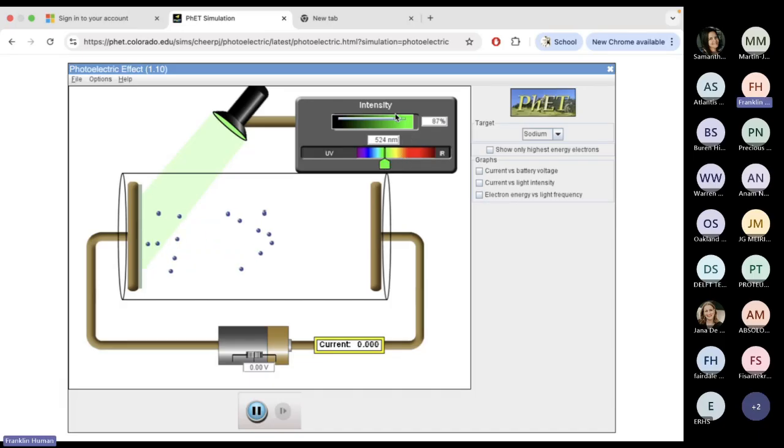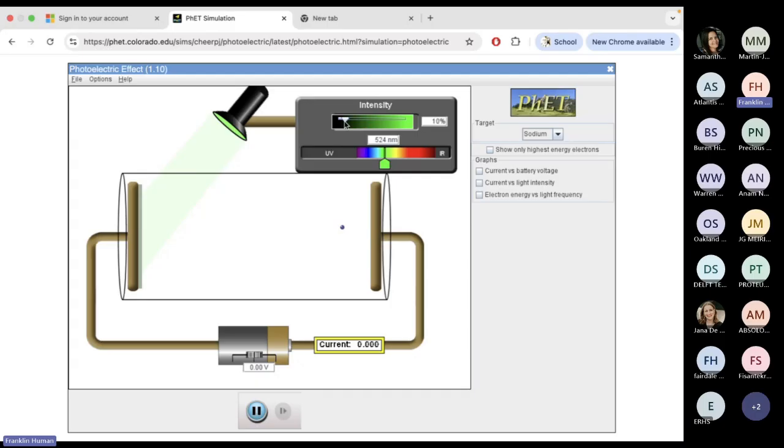So if I move my intensity right down, you can just see a faint little bit of green light shining onto the surface of my sodium metal. You can see that very slowly electrons are emitted. If I move my intensity up to 10%, I can see my electrons are emitted more often.